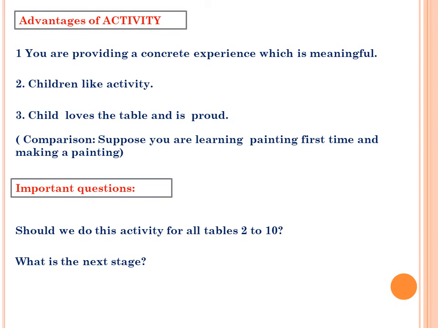Second one, we are trying to construct the multiplication table, and the child is ready with the multiplication table. What is the next stage? That is remembering the multiplication table. There are different activities. Let us see in the next session how we can perform different activities to make this multiplication table commit to memory.